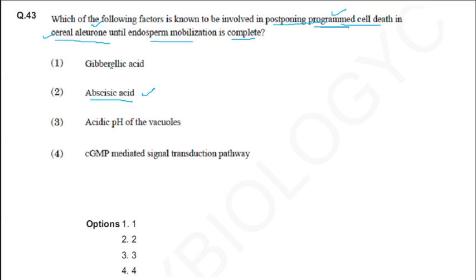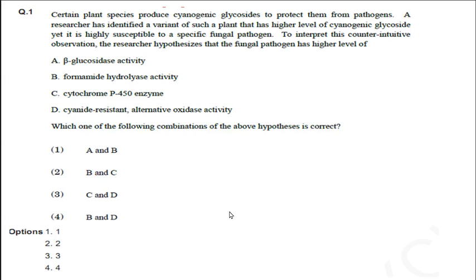So the question says that the plant produces cyanogenic glycosides to protect themselves from pathogens. Okay, a researcher has identified a variant of such plant that has higher level of cyanogenic glycoside, yet it is highly susceptible to specific fungal pathogen. That means higher level of cyanogenic glycoside is there in that plant, still that plant is susceptible to fungal pathogen.